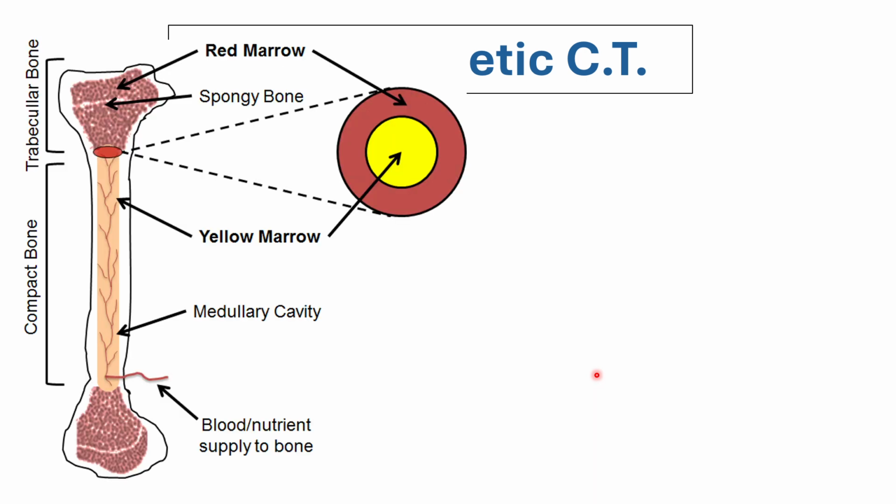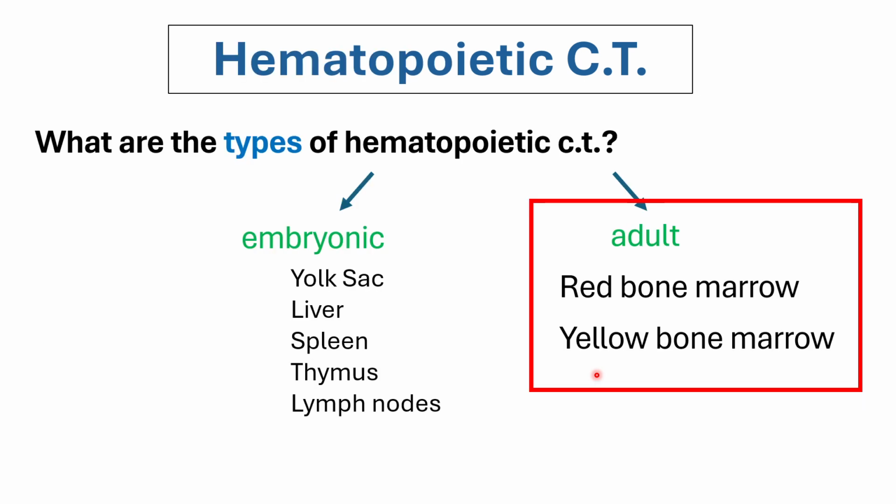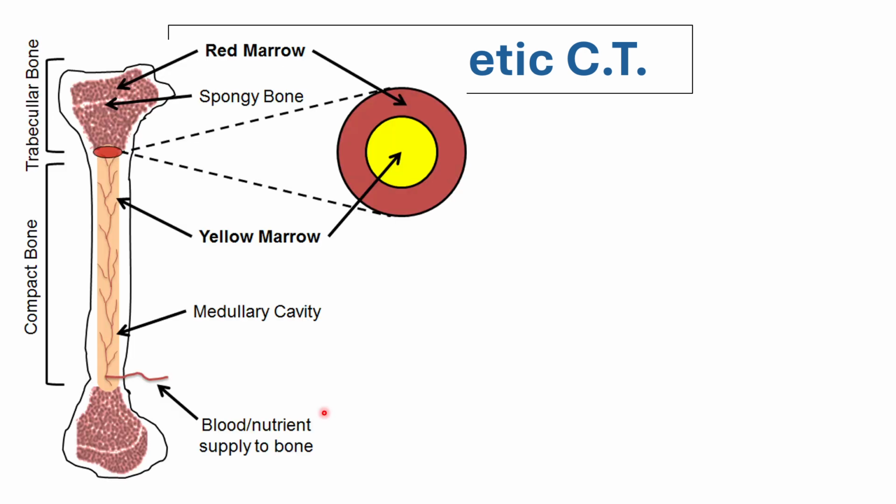Okay, so where do we find this yellow marrow and red marrow? For Vета 105, we will be focusing on the adult version of your hematopoietic connective tissue, because these other types will be dealt with in more detail in Veta 106 when we actually study these individual organs. Okay?